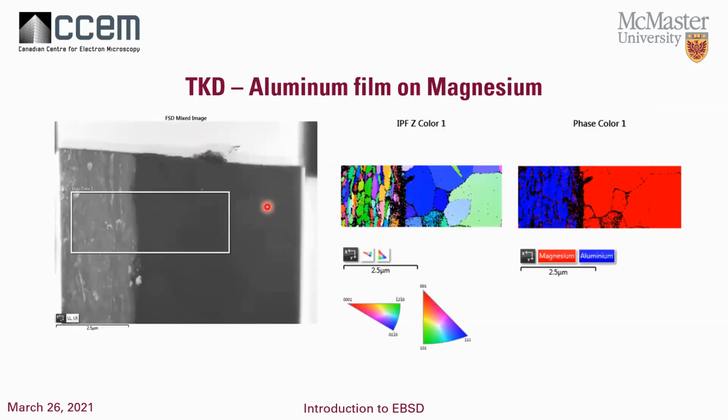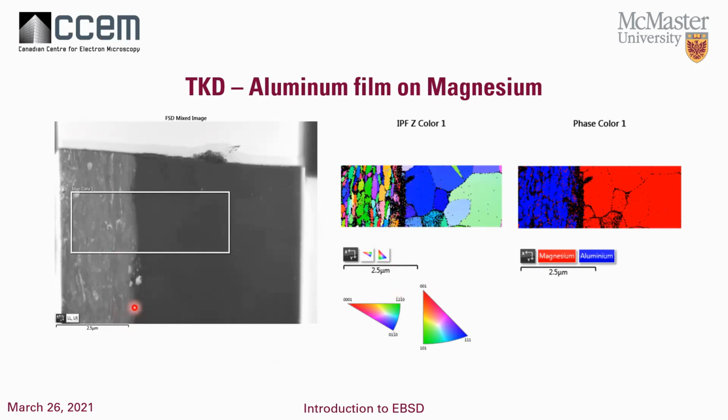Now, if we're talking about TKD, here we can see an aluminum film on magnesium. So we're getting a little problem of collection of data at the edge. There's probably a little bit of rounding there, so due to a change in sort of hardness, we've maybe lost them there.